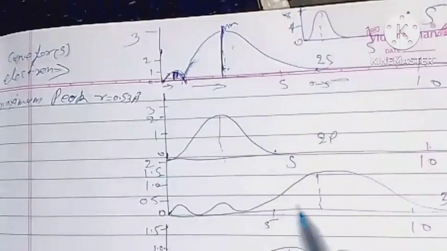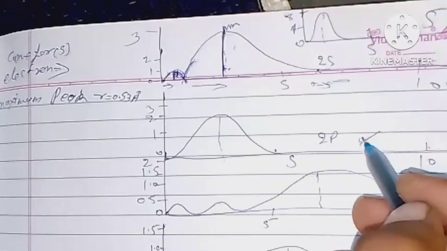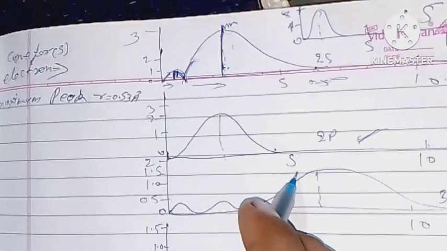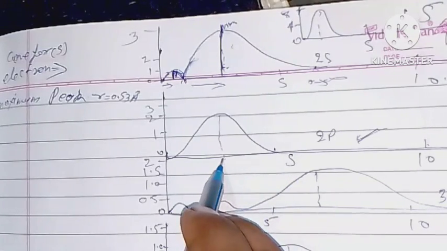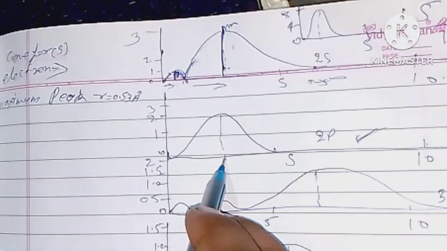Curve for p orbital. The radial distribution function of 2p orbital is shown.